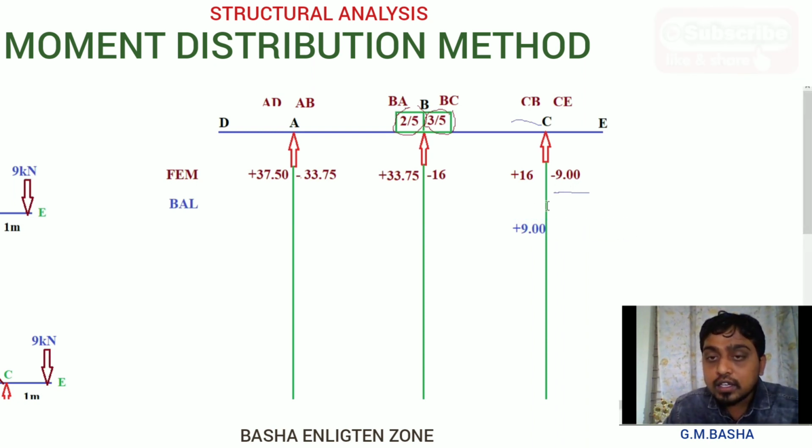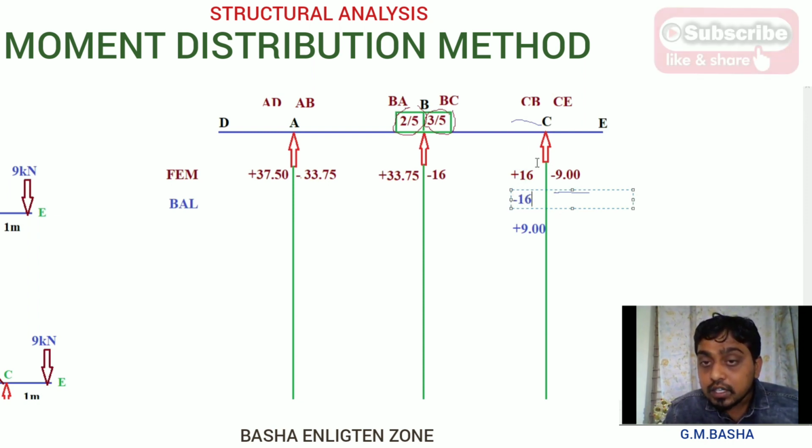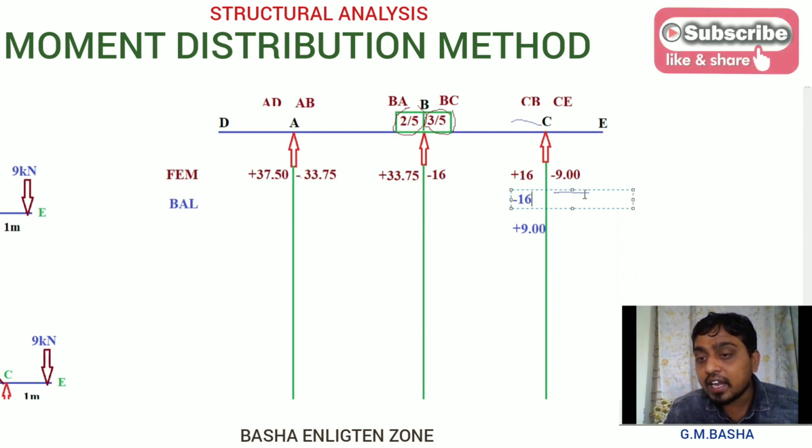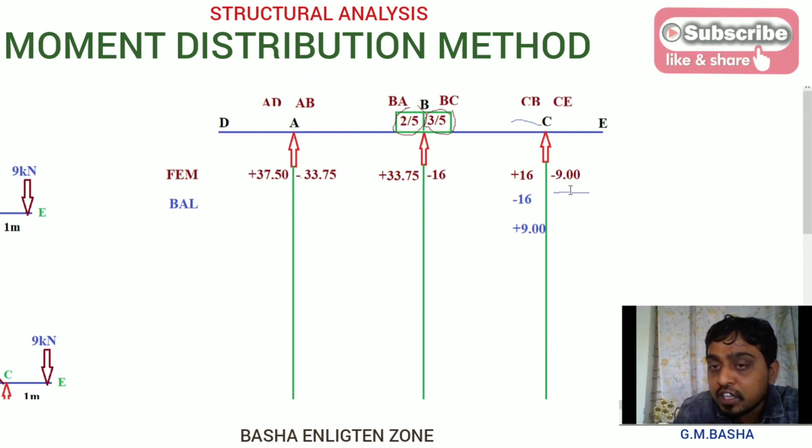If you want CB to be plus 9, what do you have to do? There is already one moment at the CB position, so we take the same moment with opposite sign, making this end 0 and then balancing again. Remember, at the CE position there will be minus 9 kilonewton meter. At the overhanging position the moments will always be balanced. So CE is minus 9, which means you want CB plus 9.